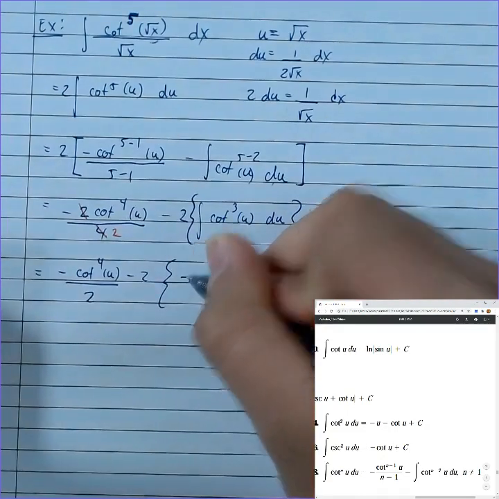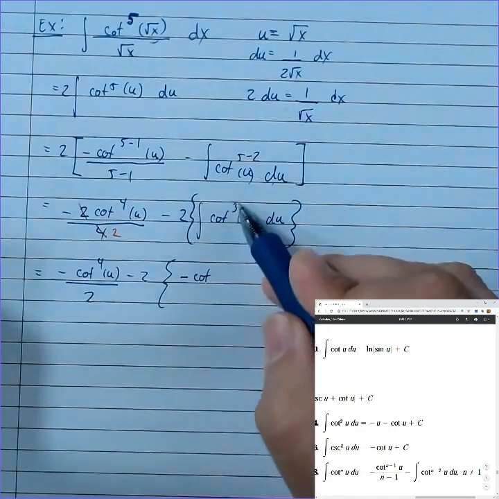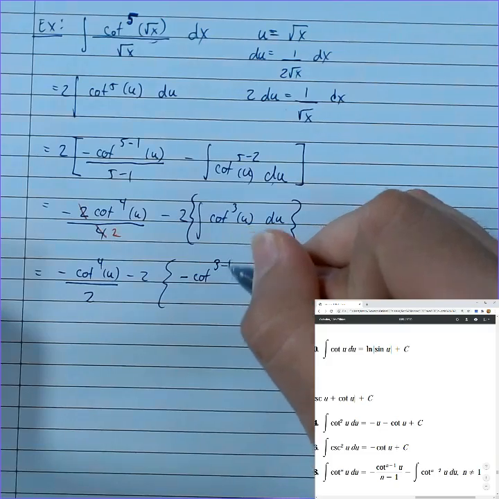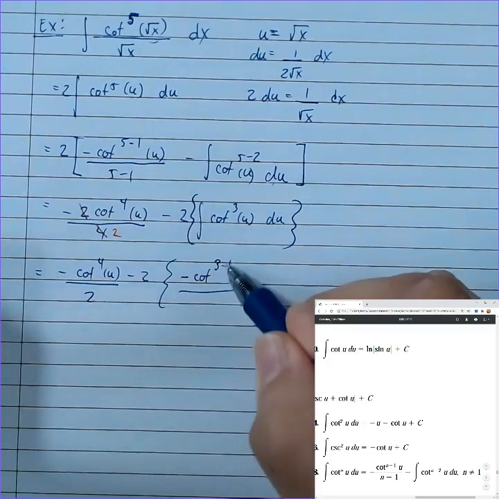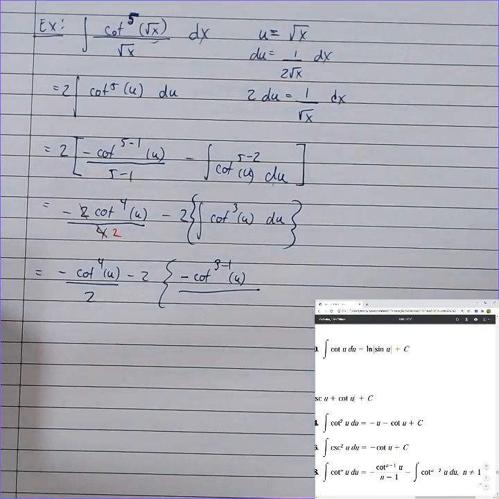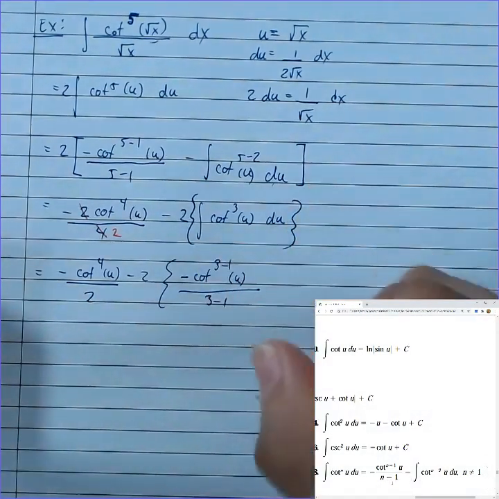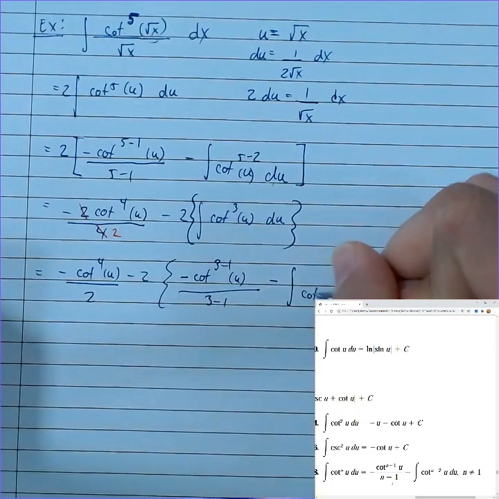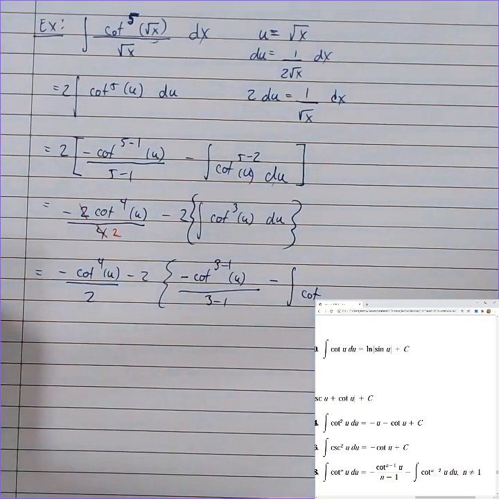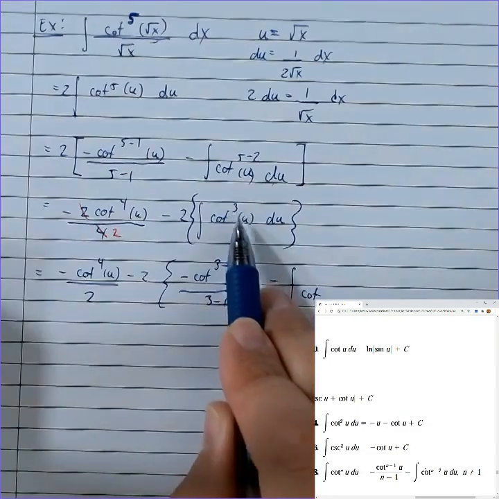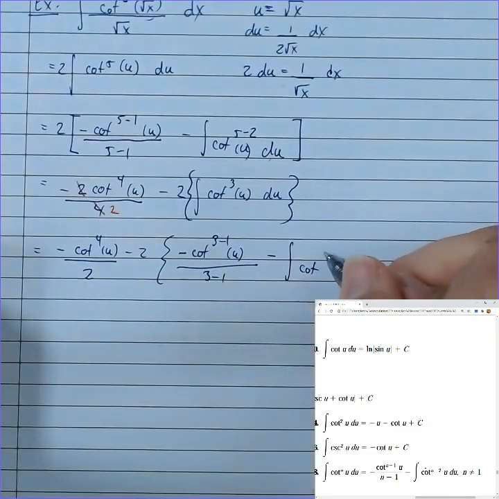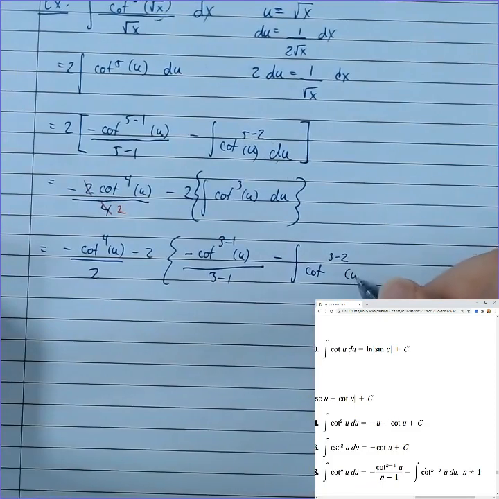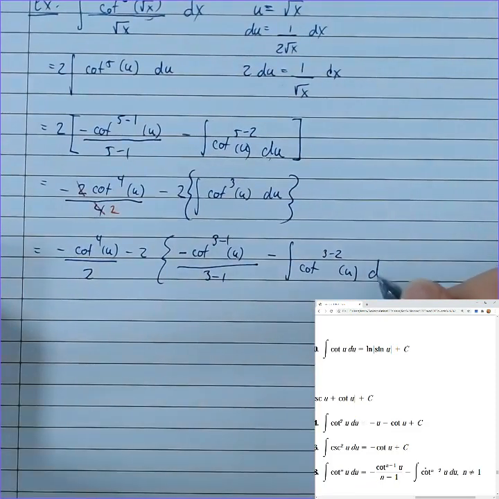Well, that's going to be negative the cotangent of, take your power, minus 1, 3 minus 1 of u, over that power as your denominator, right over here. So that's 3 minus 1, minus the integral of cotangent of, and you're going to take your power that you had before and subtract 2 from it. Well, I started with a power of 3, so that's going to be 3 minus 2 of u du.